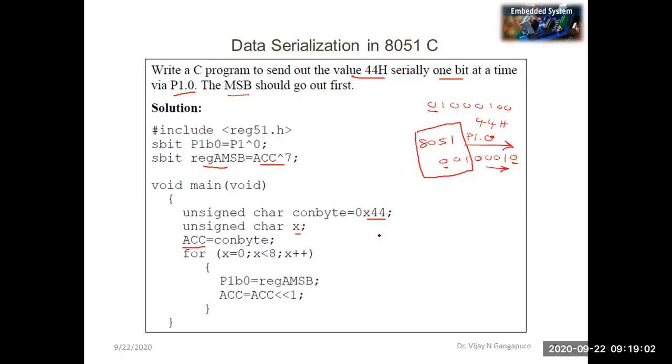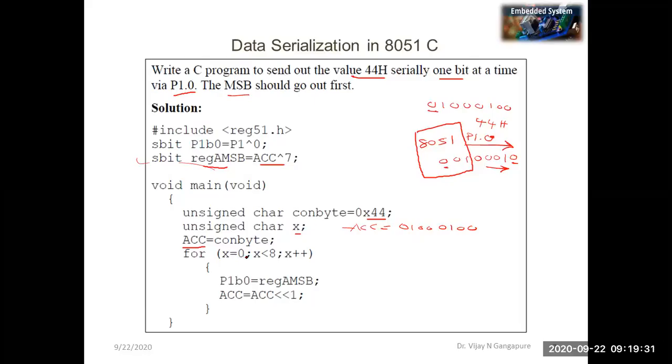So I will write here: now the accumulator will have value 01000100. After this statement, the accumulator will have value 01000100. Then there is a for loop.